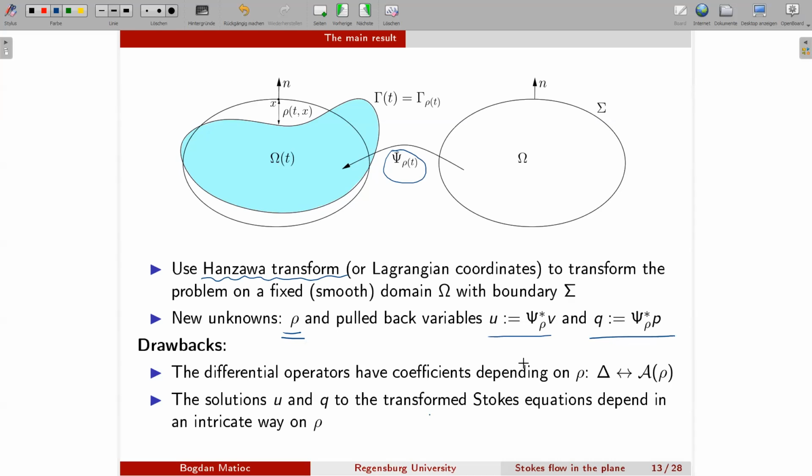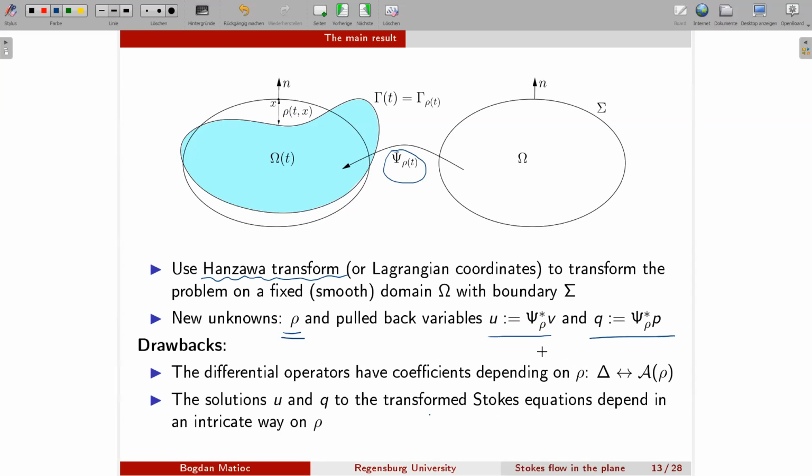The advantage of doing this is that at the end one has equation on a fixed domain, which is very useful. However, this transformation transforms not only domains, but also the operators acting on the domain. So here we have delta. The Laplace operator will change to an elliptic operator which has coefficients depending on rho, nonlinearly.